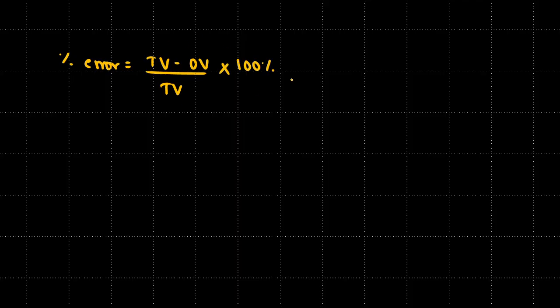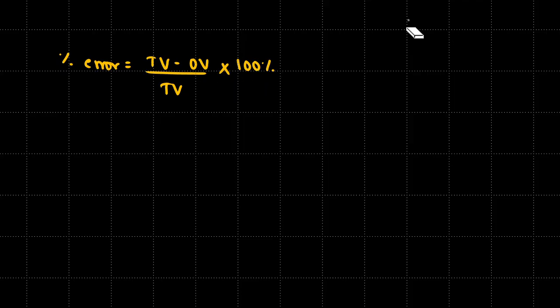So basically, this is the relative error expressed in percentage, because 100% is 100 by 100, which is just 1. So it's TV minus OV by TV, true value minus observed value by true value, into 1, which will just be this. So this is relative error. If you express relative error in terms of percentage, it will give you the percentage error.